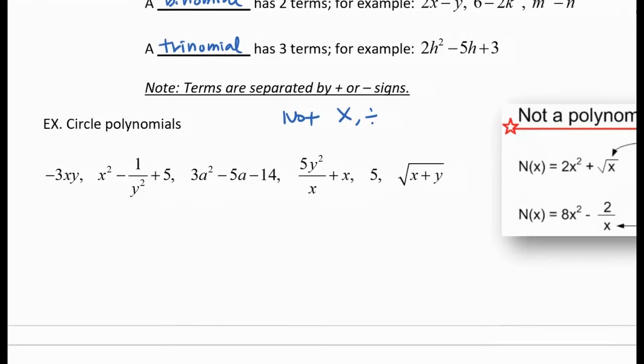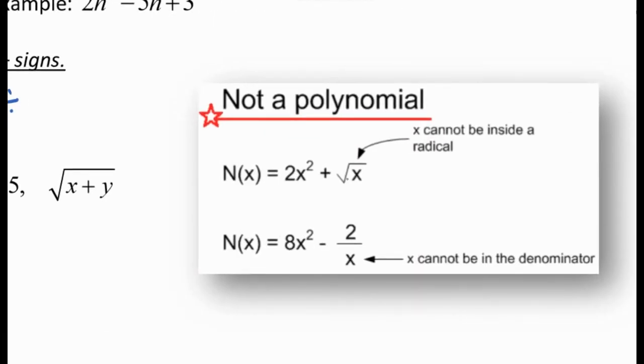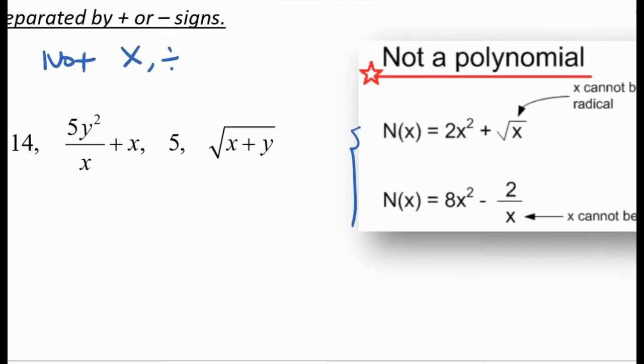And to become a polynomial, x cannot be inside the radical. So root x. If x is inside a root, this is not a polynomial. If x is in the bottom, if x is the denominator, it's not a polynomial. Okay? So remember those two things. X cannot be inside the radical, and x cannot be in the bottom.